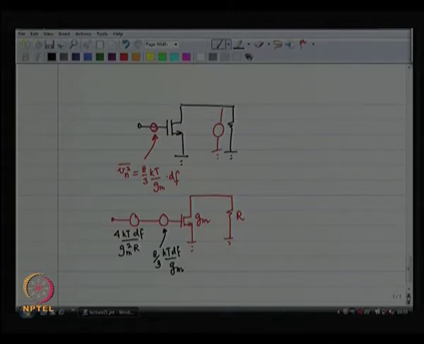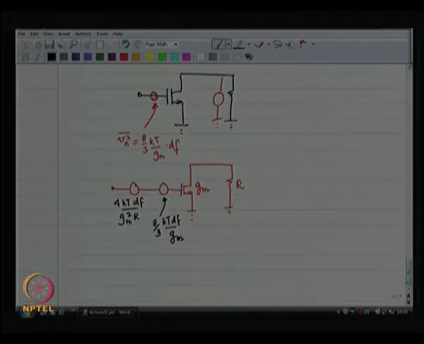Okay. So, the question was you wanted to get the same output noise using noiseless components, what should have been the voltage that you should have applied at the input. So, here we are, you wanted to get the same output noise as before.